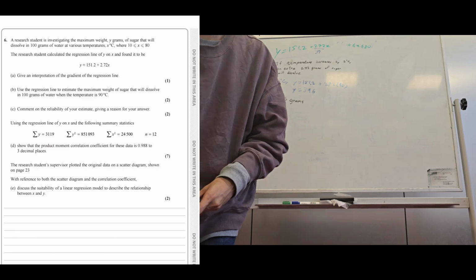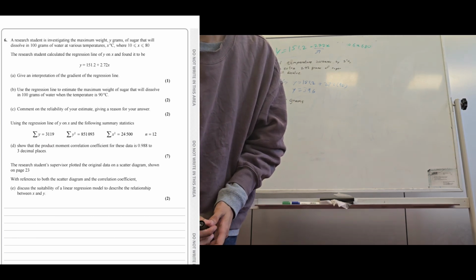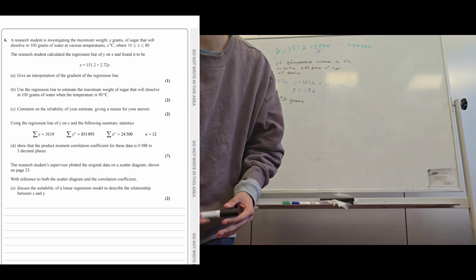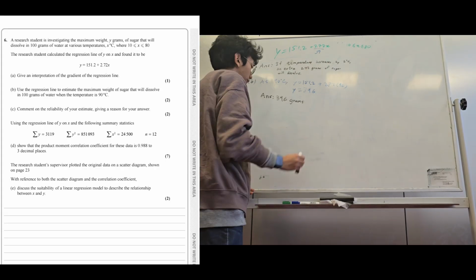Now part C asks us to comment on the reliability of your estimate, giving the reason for your answer. So it is unreliable because it is outside the range.